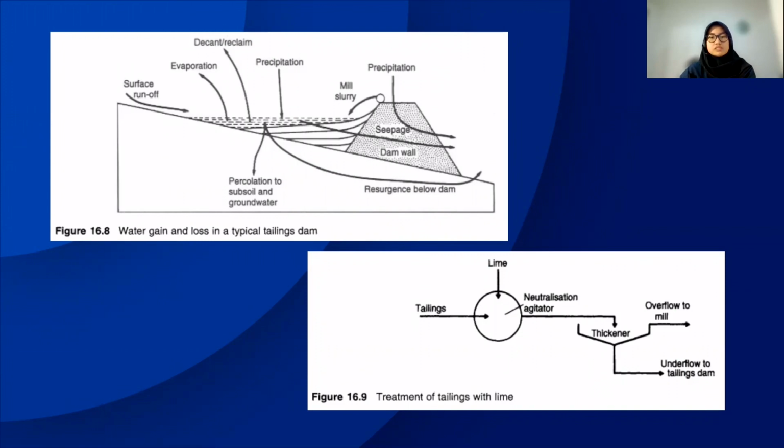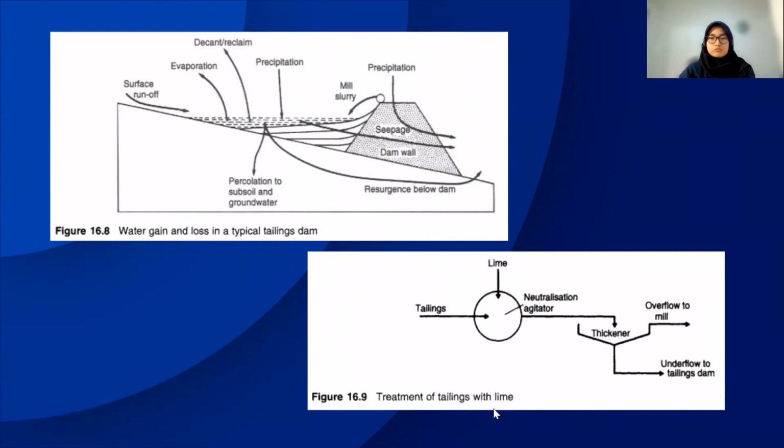To minimize the seepage for the upstream method, we can use a barren starter dike, whereas for the downstream and the center line, we can use a free draining gravel blanket.